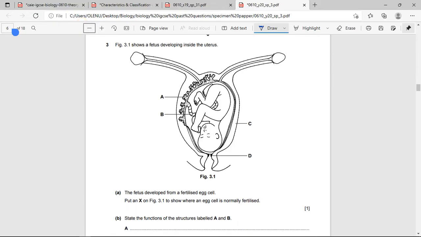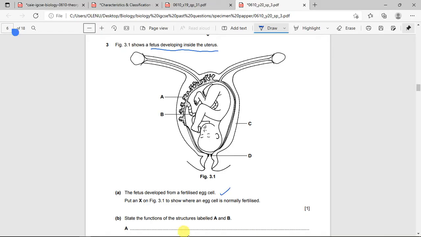Now question number 3 has to do with reproduction. First, figure 3.1 shows a fetus developing inside the uterus. The fetus developed from a fertilized egg cell.